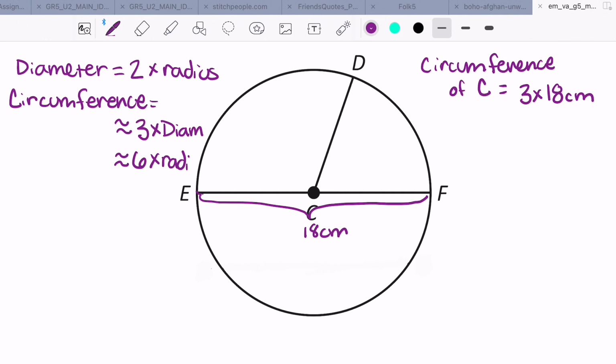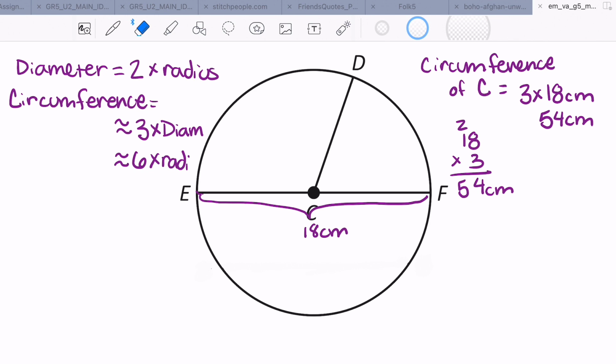So that would be 3 times 18 centimeters. 18 times 3 is 54 centimeters, so our circumference is approximately 54 centimeters.